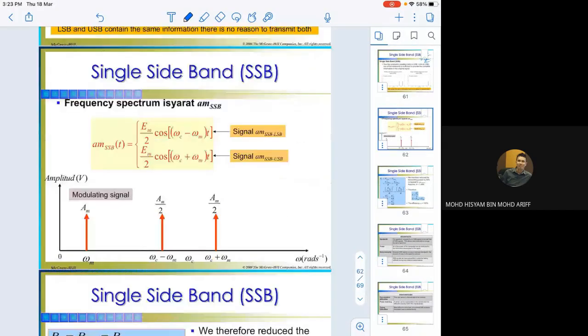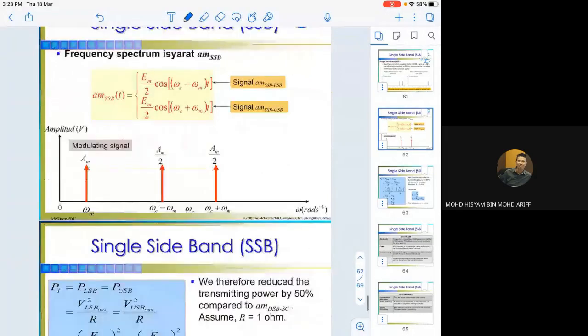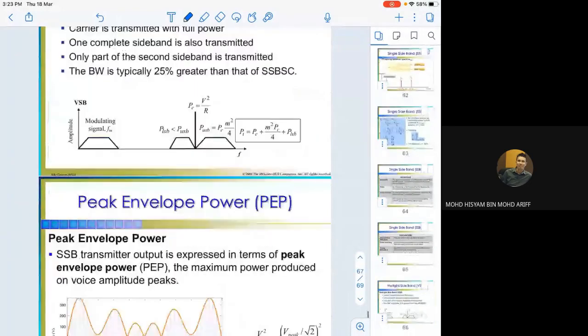Here they tell you something about single sideband. This one is single sideband suppressed carrier, I think. Or they make you confused.